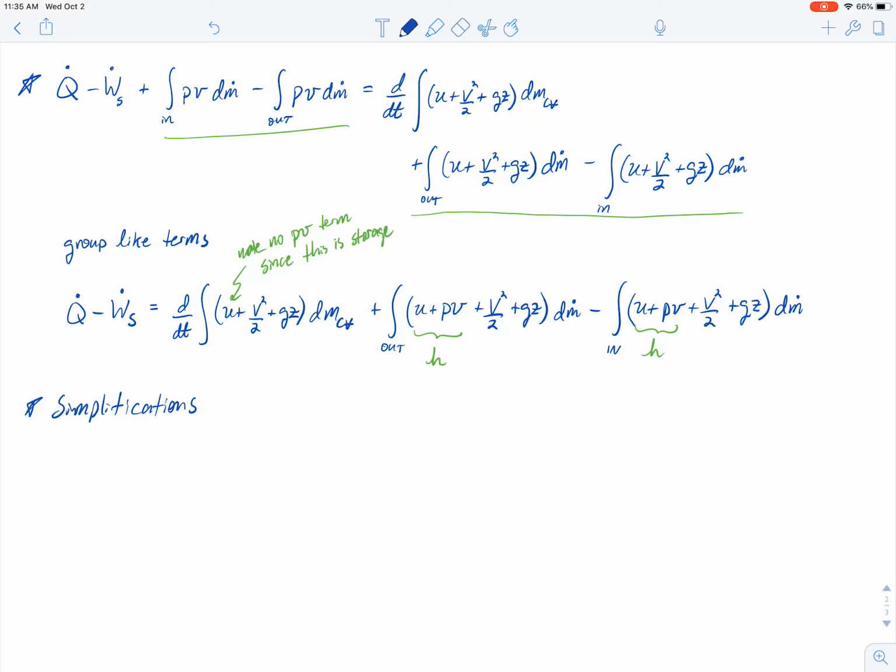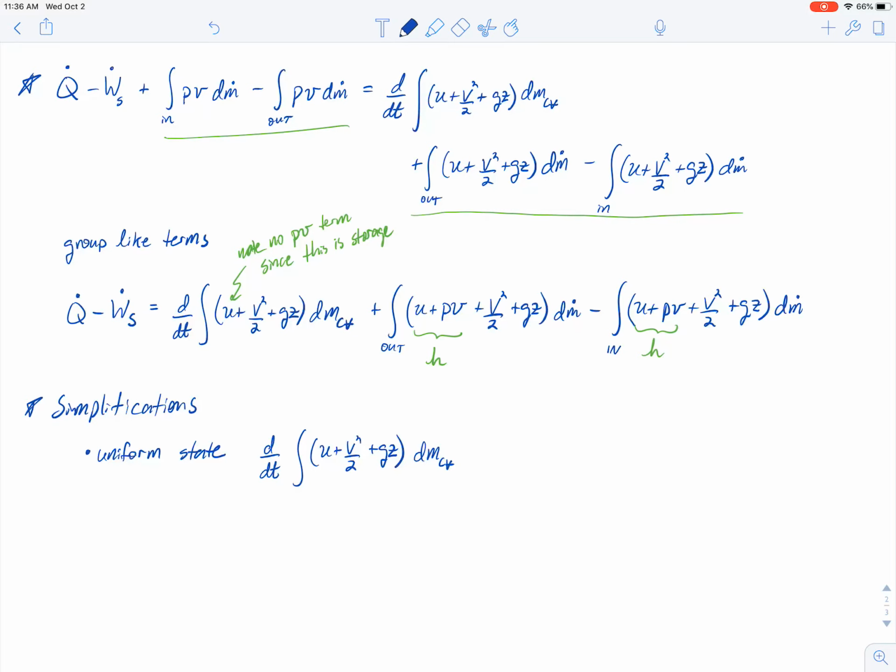Simplifications. Okay. One of the most common is assuming we have a uniform state. By uniform state, I'm saying the energy storage term is an integral over the mass of the control volume.